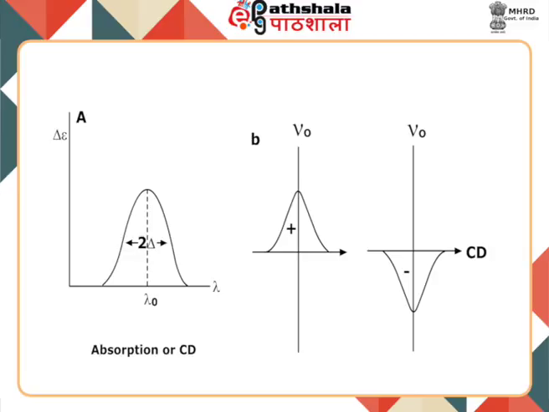These positive and negative deflections in the circular dichroism spectrum depend on the sign of delta epsilon or theta and also correspond to the sign of the Cotton effect. Maximum of the CD occurs at the absorption lambda max.